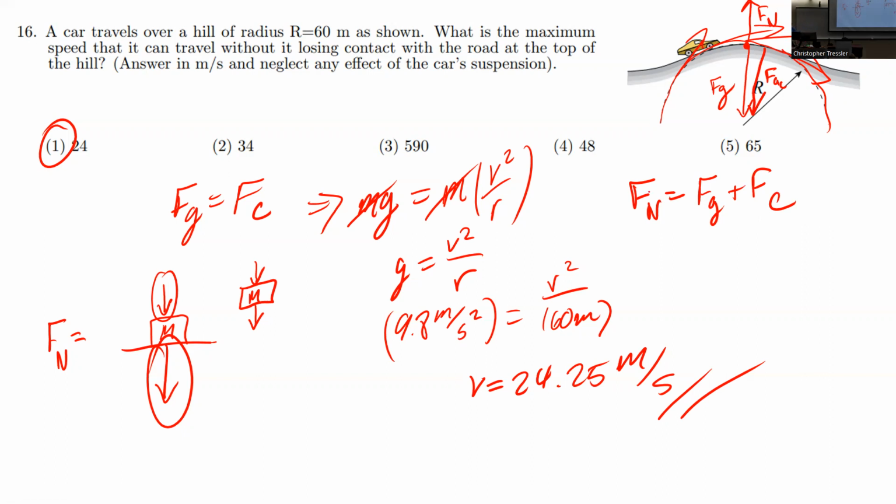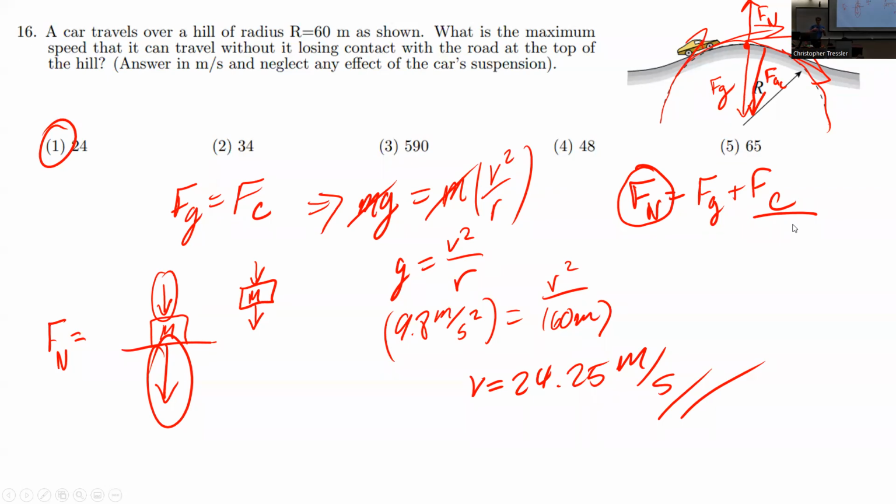Because we are finding where the normal force is 0, that will tell us the maximum speed we can reach without lifting off the ground. Hopefully that makes sense. This was a very confusing problem, I will say, but that's kind of why I added it.